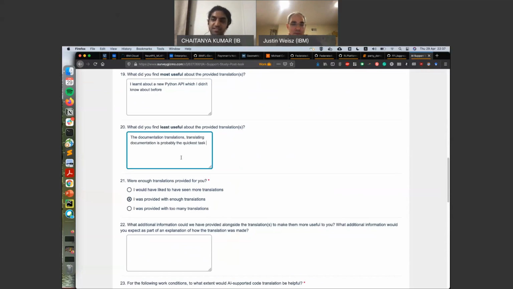Even for a non-programmer, assuming fluency in the documentation language itself, it would be the quickest task anyway, which is why I find it being translated the least useful.